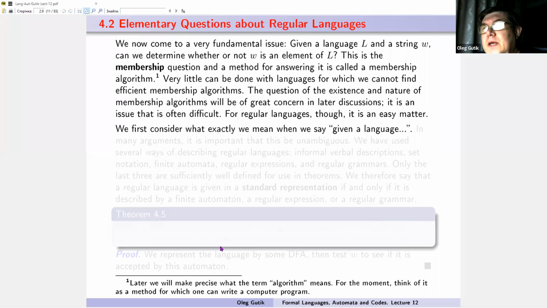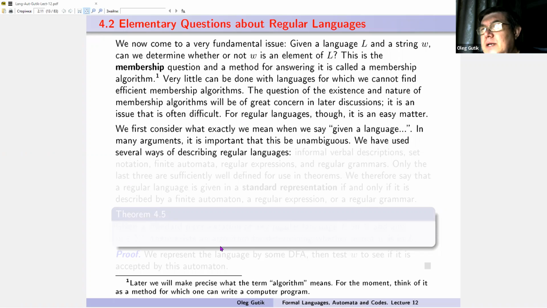We first consider what exactly we mean when we say given a language. In many arguments, it is important that this be unambiguous. We have used several ways of describing regular languages: informal verbal description, set notation, finite automata, regular expressions, and regular grammars.